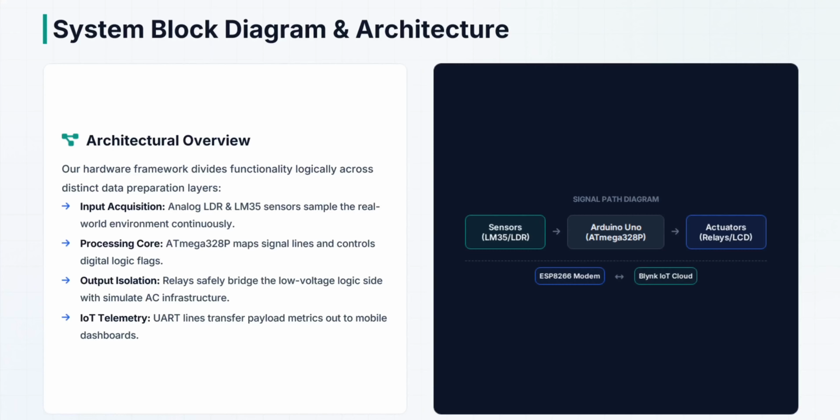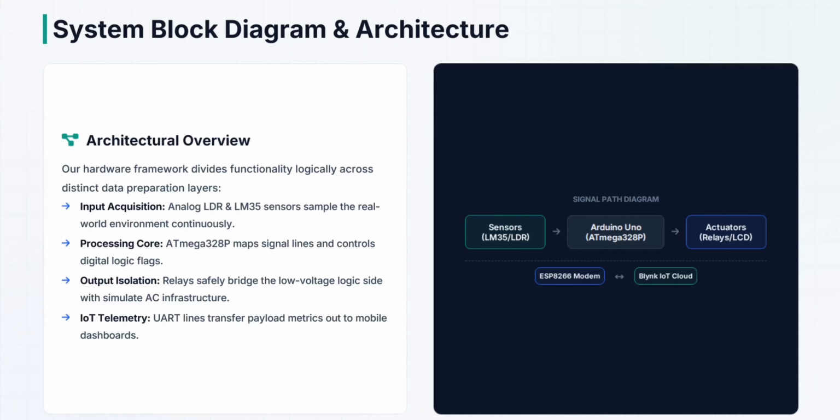We have the LM35 analog centigrade temperature sensor and the LDR, which means light dependent resistor. These sensors continuously generate analog voltages that represent environmental parameters. These analog signals are routed to the analog pins of our processing unit.